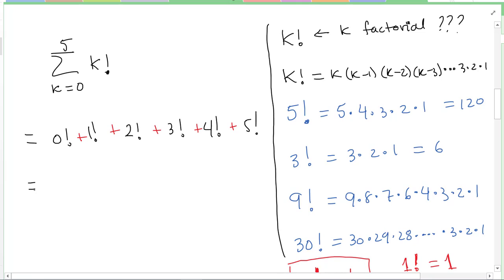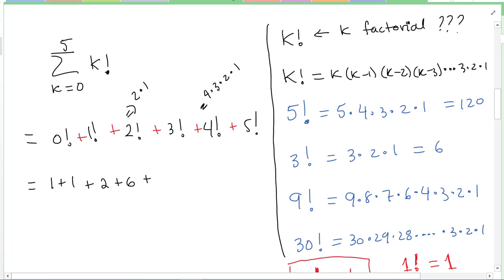And if you have a scientific calculator, it will have the factorial in there. So 0 factorial is 1, 1 factorial is 1. So you have 1 plus 1 plus 2 factorial, that's 2 times 1, so it's just 2, plus 3 factorial. 3 factorial is 3 times 2 times 1, so it's 6, plus 4 factorial. So 4 factorial is 4 times 3 times 2 times 1.